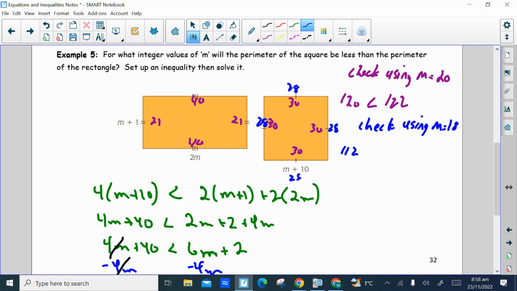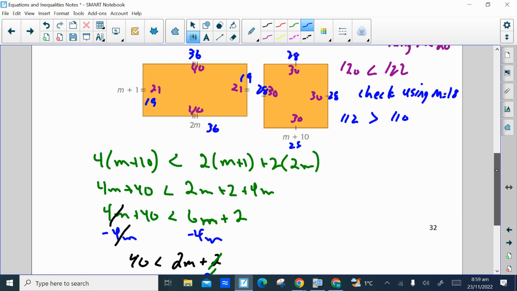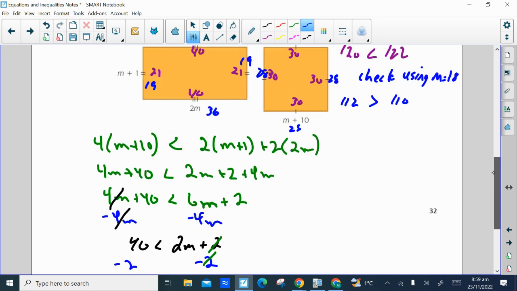When m is 18 for the rectangle, 2 times 18 is 36. 18 plus 1 is 19. So 2 times 36 is 72. 2 times 19 is 38. That's 110. The perimeter of the square is greater than the perimeter of the rectangle, and that's not what we need. So again, we've just shown that m is greater than 19 does work. Any number greater than 19 will work.